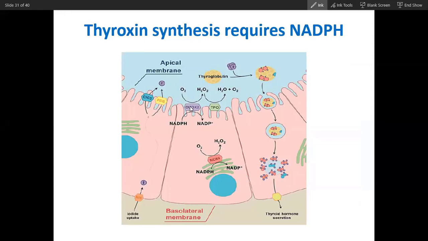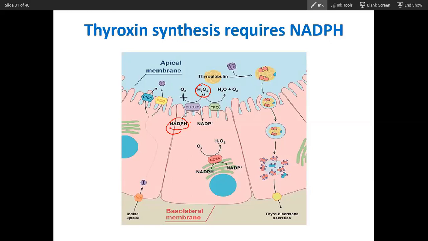Now you can see here, this NADPH oxidase duox will utilize NADPH. This NADPH will be utilized to convert it into H2O2. Now this H2O2 will be utilized for some certain function. So let's see, what does this H2O2 do actually?